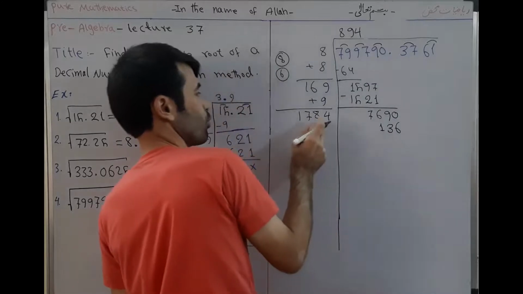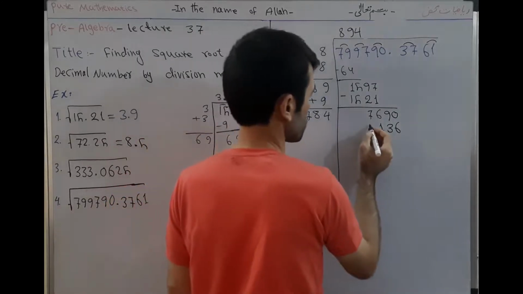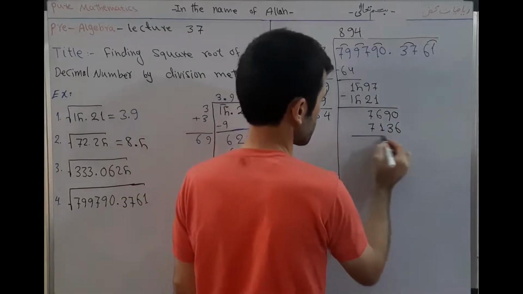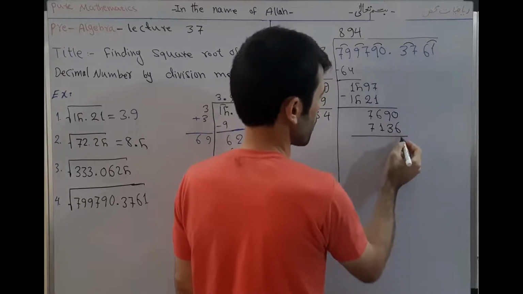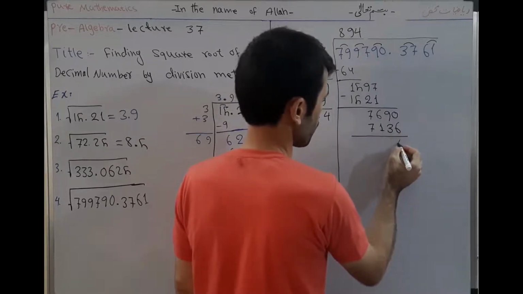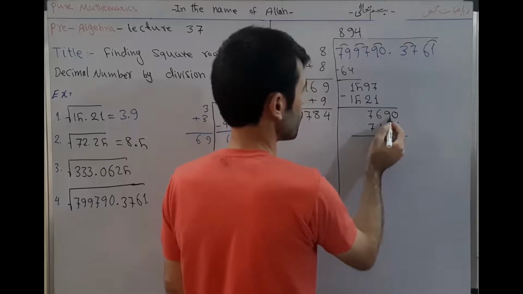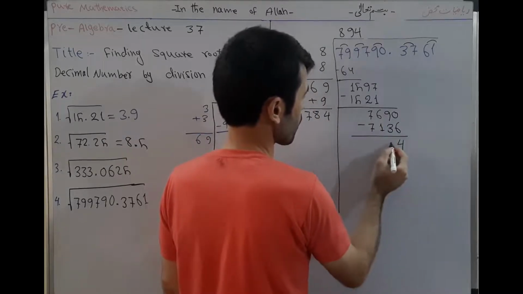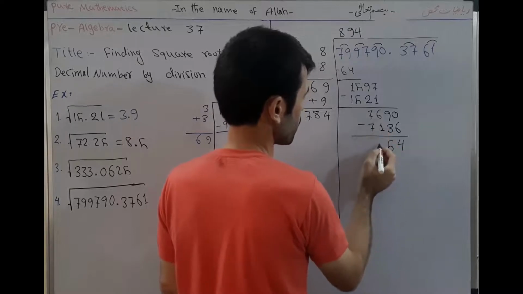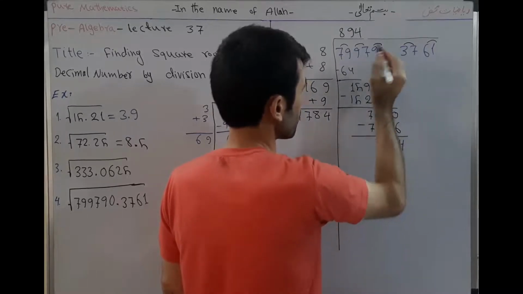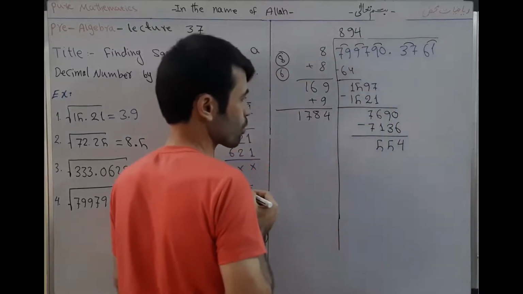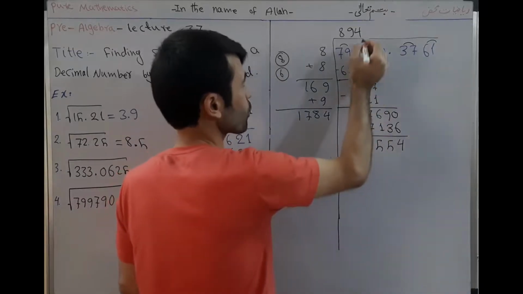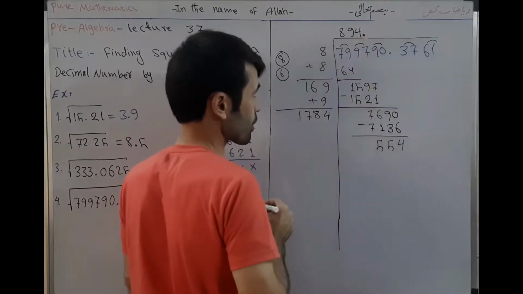Carry 3. 4 multiplied by 1 is 4. 4 plus 3 is 7. 10 minus 6 is 4. 8 minus 3 is 5. 6 minus 1 is 5. Now we reach the decimal point. We have to carry the decimal point here.